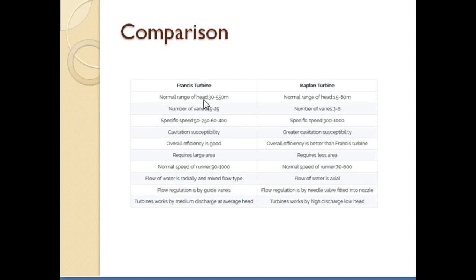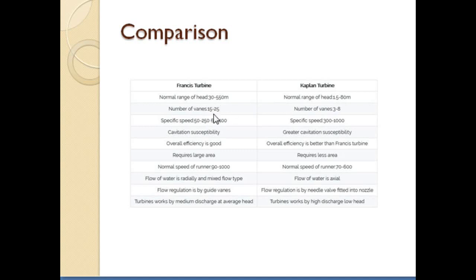Normally the Francis turbine operates at higher head values, say 30 meters to 550 meters, but the Kaplan turbine operates with a normal head of 15 to 80 meters. That means even if the water level is less, the Kaplan turbine can be used to generate power.